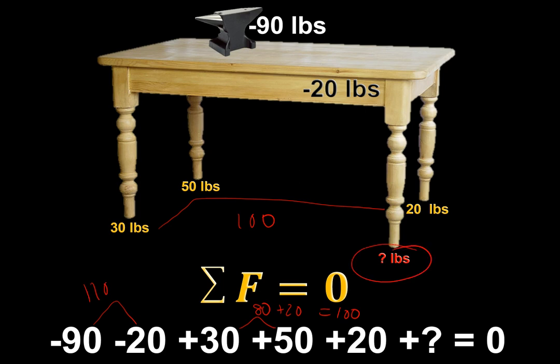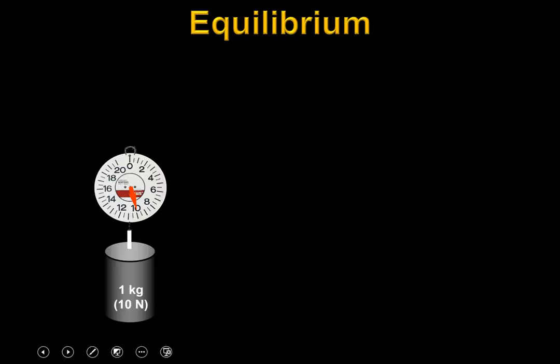That means this leg has to be 10 pounds, because that's what we're missing. So negative 110 plus 100 gives us negative 10. There's still 10 more going down, so we need to balance that out. We need 10 on this leg. It's just balancing, trying to make it equal to 0.